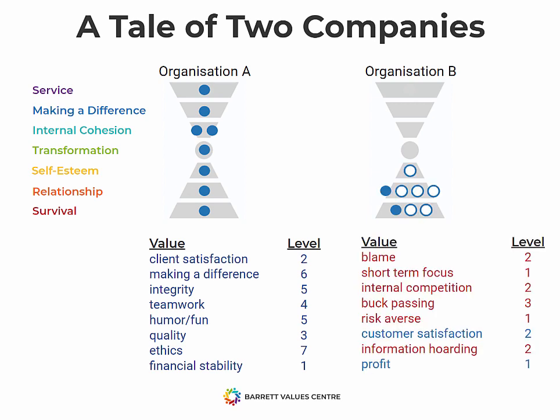When we asked the employees at the second organization how they saw their current culture, the values that describe their culture, they answered with these words: blame, short-term focus, internal competition. The white dots on the chart stand for potentially limiting values, and this is a representation of fear showing up within the organization.